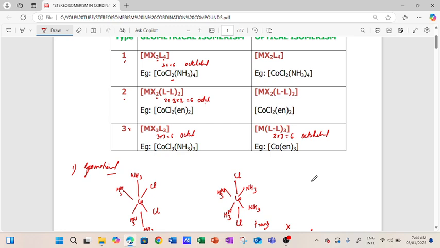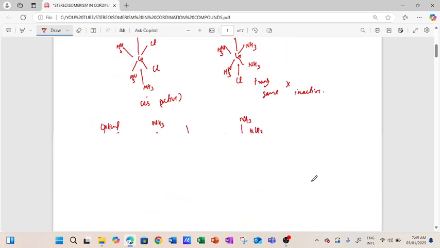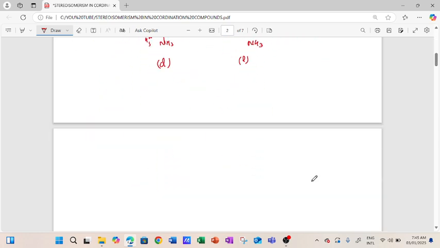Now the second type is MX2(LL) twice. Let's take example number 2 for geometrical isomerism: CoCl2(en)2. Instead of NH3, this time we have to take en twice, because we have to take didentate ligands. Because it is M X2 (LL) twice.